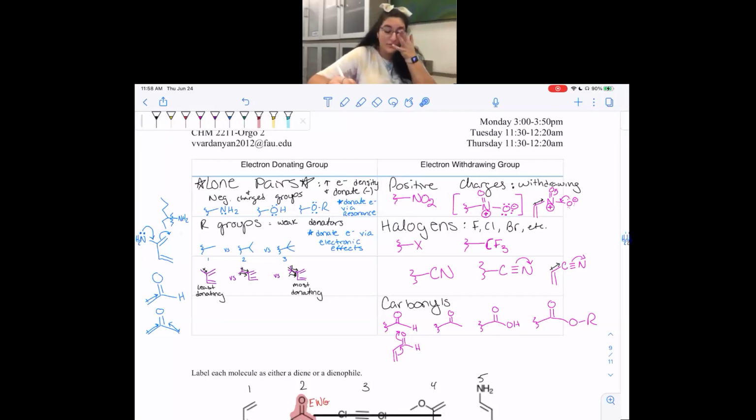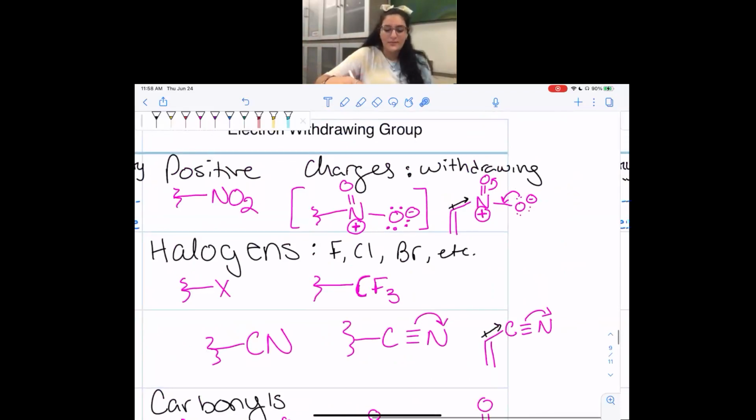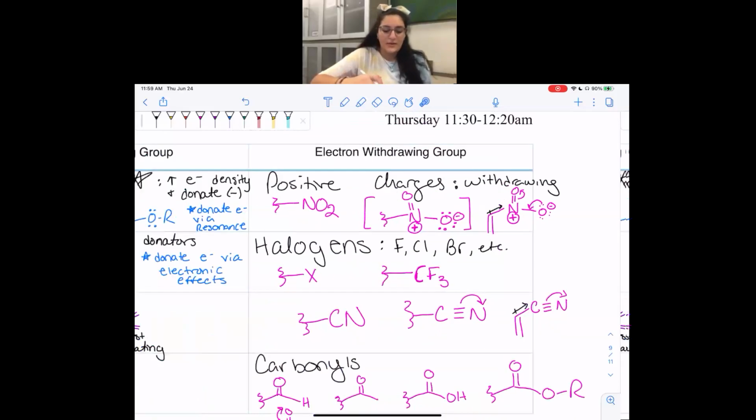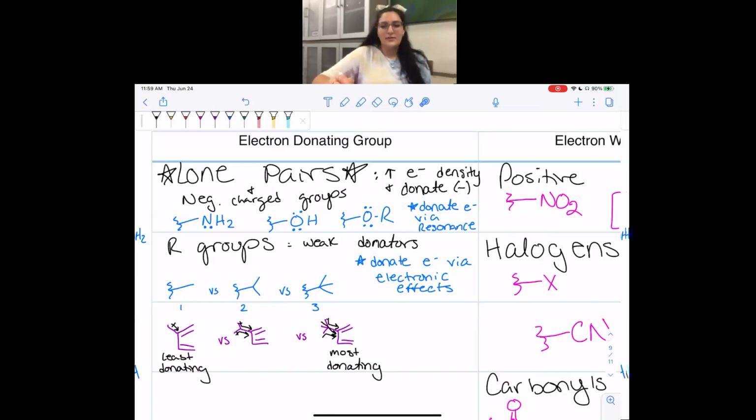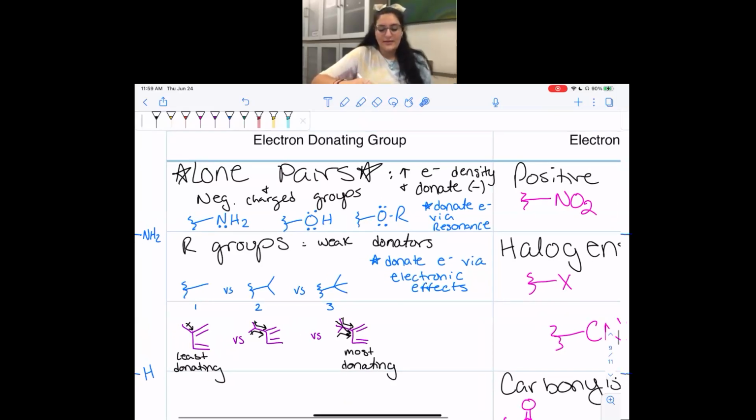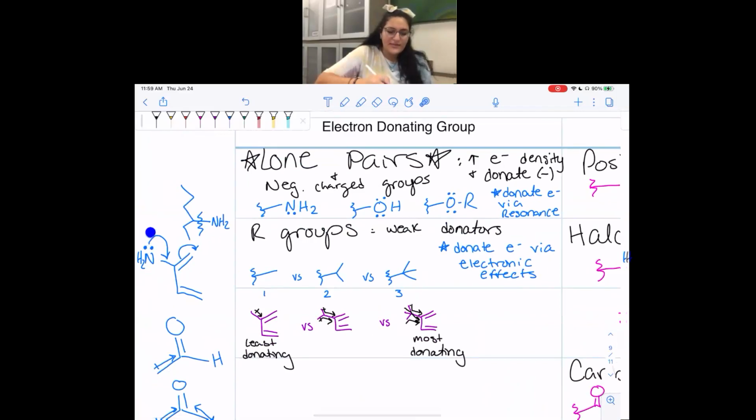The reason those are withdrawing is because they pull the charge away by either resonance or electronic effects. So for example, here we have a plus charge, and we saw that through resonance, the electrons go through these atoms, and through electronic effects, the electrons are pulled from this double bond into the plus charge. Whereas these donating groups have a lone pair, and so through resonance they donate their lone pair, which helps the double bond give its electrons to attack.